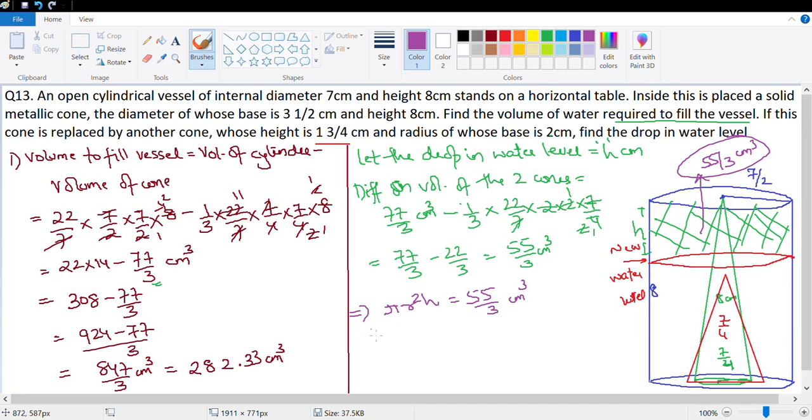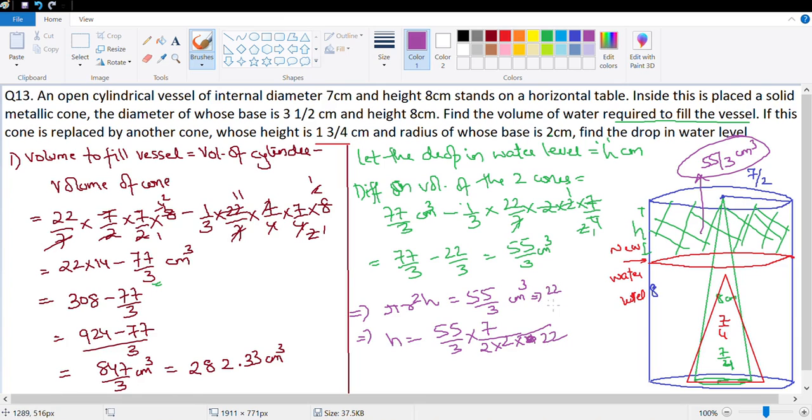Let's substitute values. H would be equal to 55 upon 3 into 7 divided by r. R in this case is 2 into 2, multiplied with, so pi r square, that's 5 into 11. Where did I get the 11 from? That's 22, not 11, 22. Let's just confirm. Maybe I got confused.